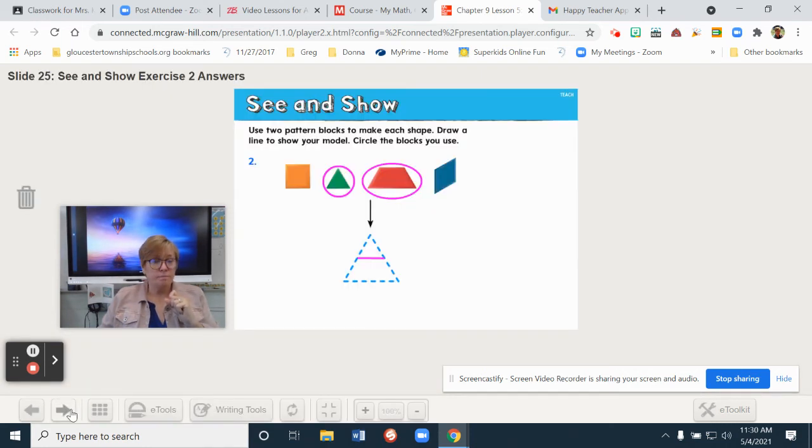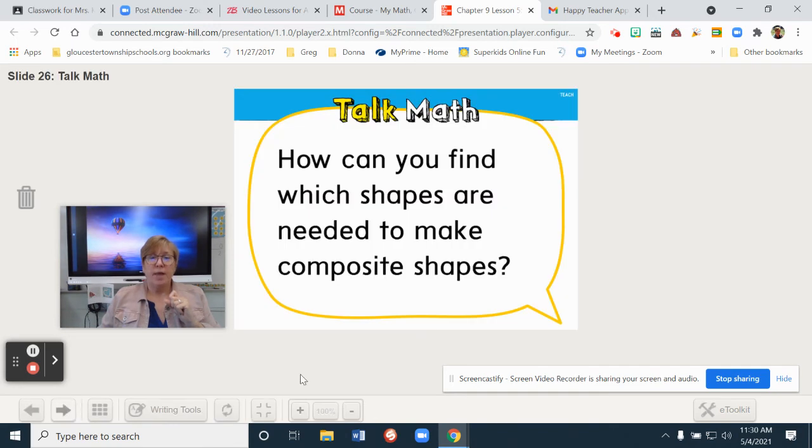And there you go. Okay, how can we find which shapes are needed to make composite shapes? Well, what would we do? We could try different shapes, see if it makes, first of all, we have to make sure it's only the quantity. If they said 2, it has to be 2. If they say just make it, but they don't have a quantity, then you can try anything.